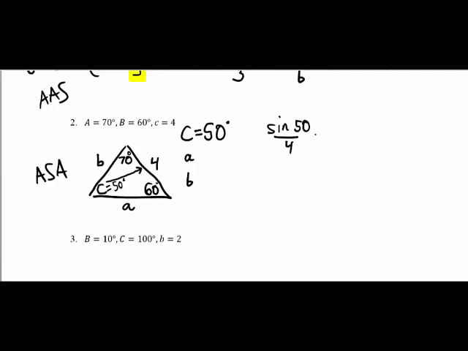So sine of 50 over 4 is equal to, let's solve for A next, sine of 70 over letter A. And then we have sine of 50 divided by 4 equal to the sine of 60 divided by B. We have also done that one as well. Okay, so let the calculator do the work for us.